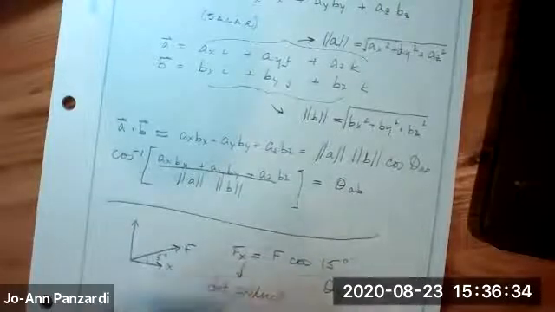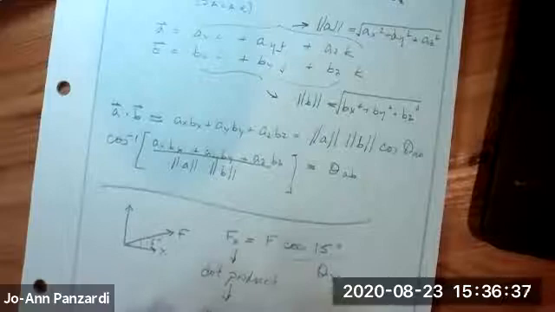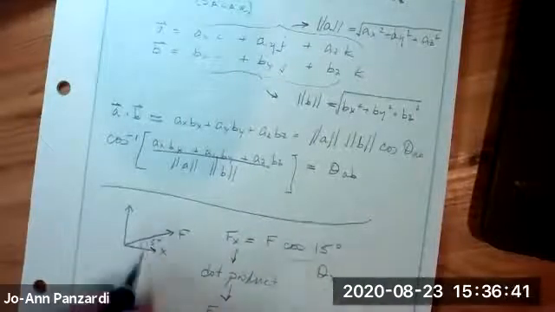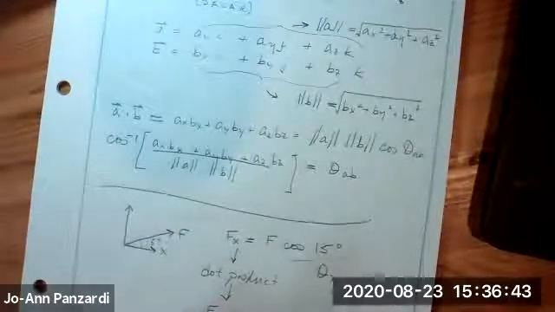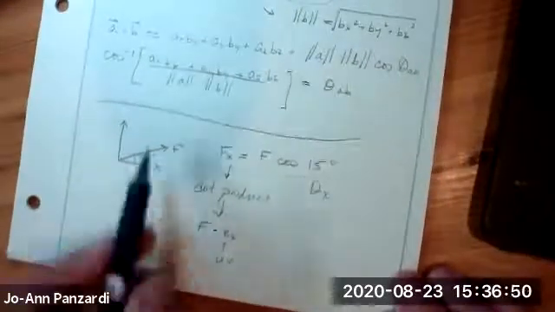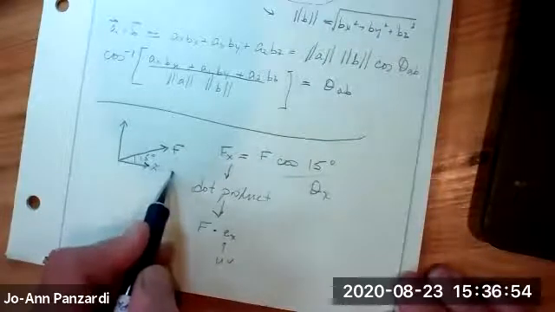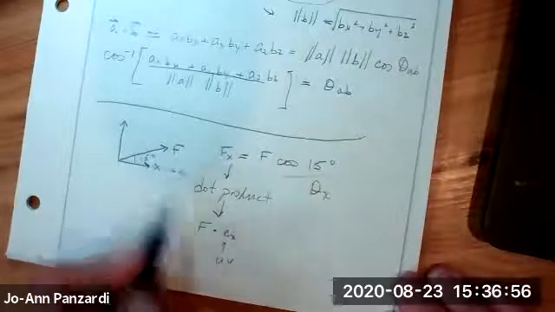And the reason why is because what you're really doing is dotting two vectors. You're dotting this force vector with the unit vector in the x direction.